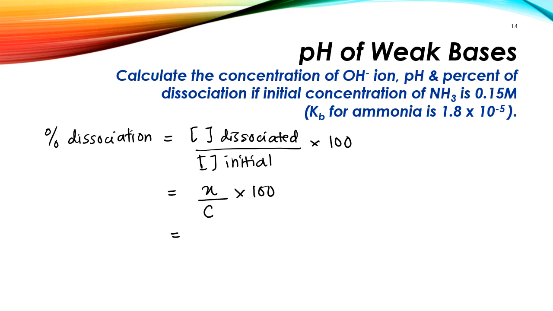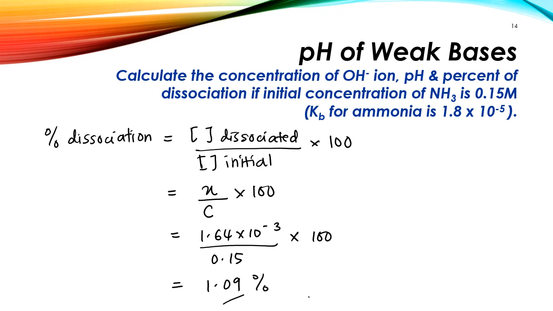We have found that the X value is equal to 1.64 exponent negative 3, dissociated from its initial concentration given, that is 0.15 molar, times 100. That will give the percentage of dissociation equal to 1.09%.